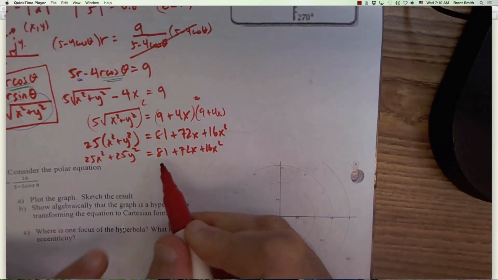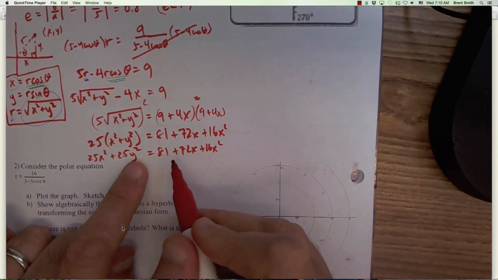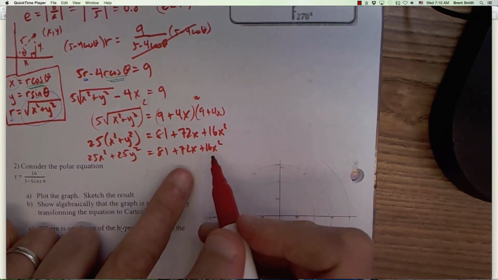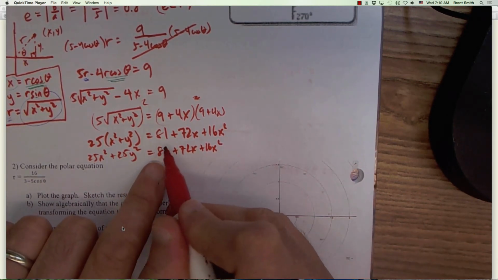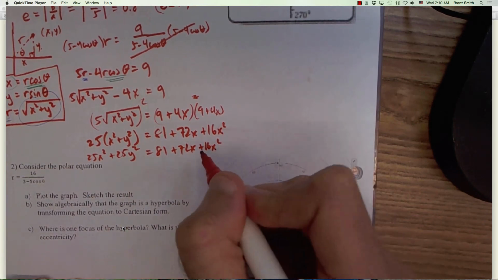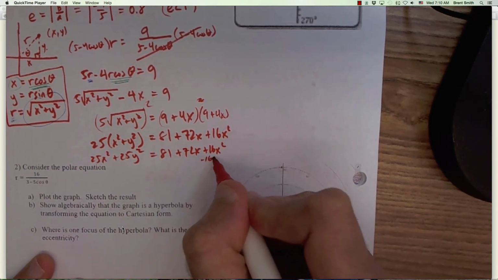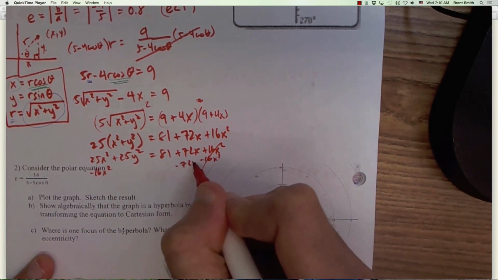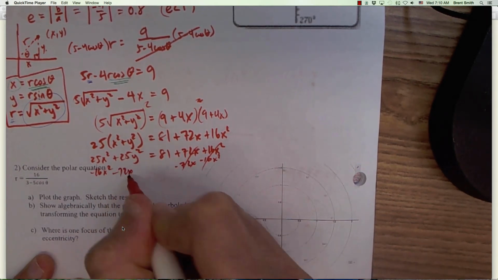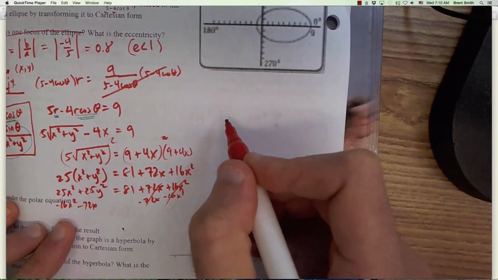Now this is getting closer. Again, for general form, we want everything to be on one side. So why don't we leave the 81, because again we want to keep this number here, and move these guys over. So let's subtract 16x squared from both sides. And we'll subtract 72x from both sides. And I'm going to come up here where I have room.